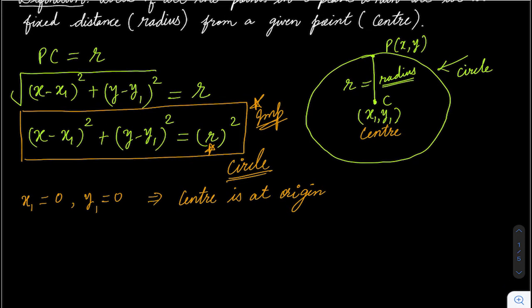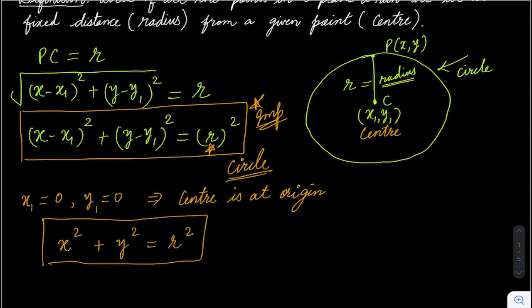Then what happens is, if x1 is 0, the left bracket will become only x square, and the second bracket will become y square, equal to r square. So sometimes you see this equation also. This is also a circle, but this is a special case of a circle when the center is at the origin, that is 0, 0. Now if you understand this, then we can start solving some questions based on these two formulas.